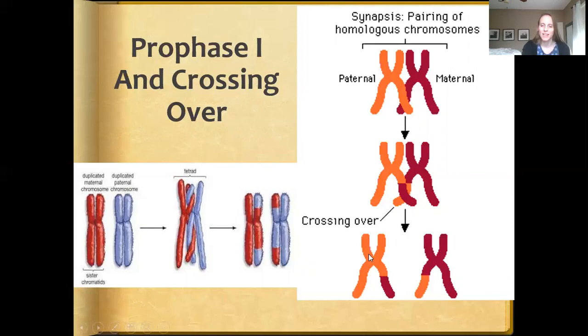And so by the end, you have one sister chromatid here that's all orange, one that's mostly orange with a bit of red, one that's mostly red with a bit of orange, and one that's all red. So by the end of crossing over, all four chromatids in the homologous pair are unique.